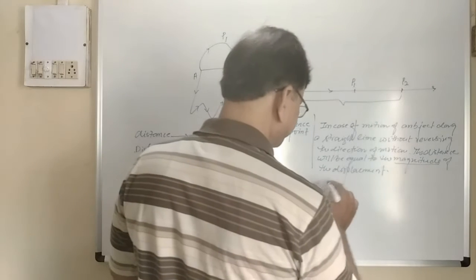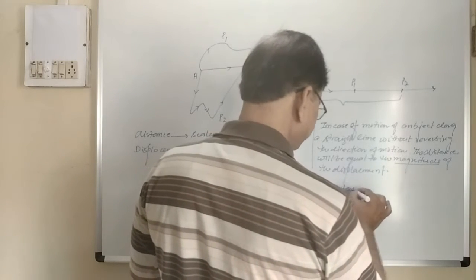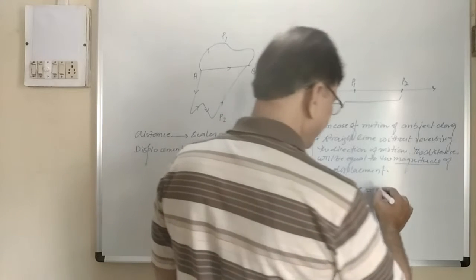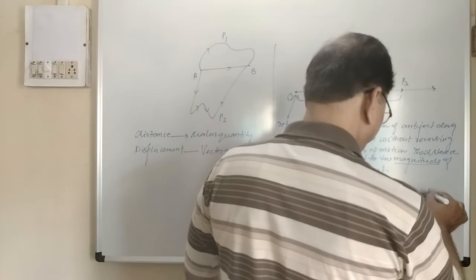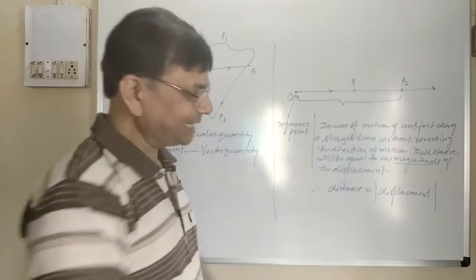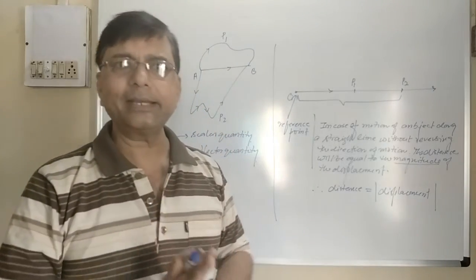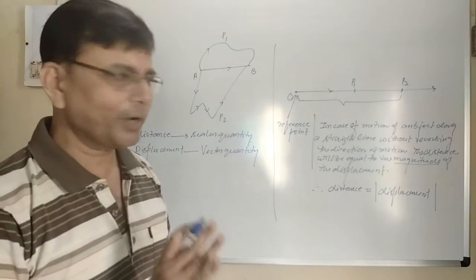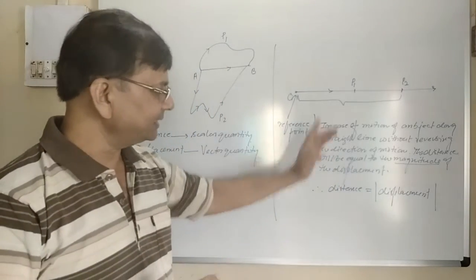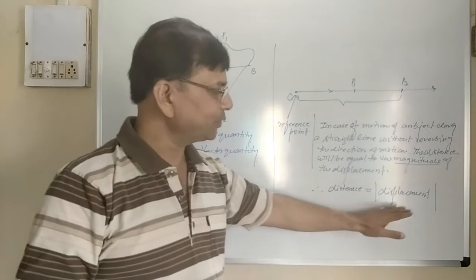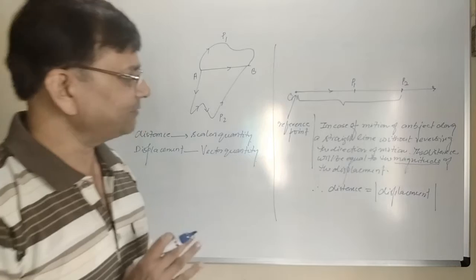Therefore, for straight line motion, distance is equal to the magnitude of displacement. Two vertical lines I have drawn, and in between displacement is written. Two vertical lines tell the modulus or mod of displacement, because displacement is a vector quantity. We are taking the magnitude. In this case, distance will be equal to the magnitude of displacement. So this is very much clear.